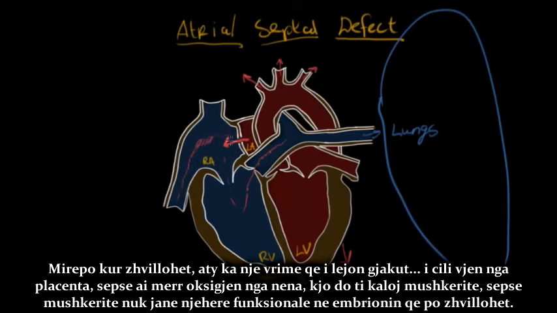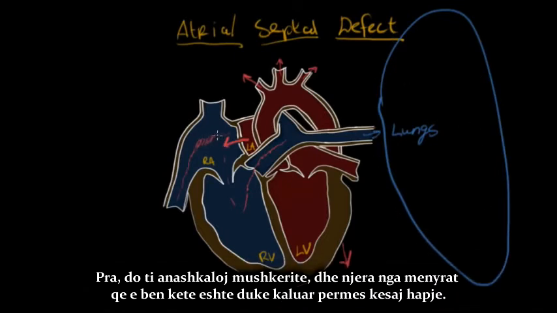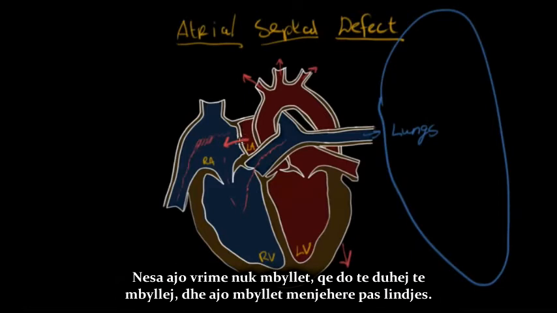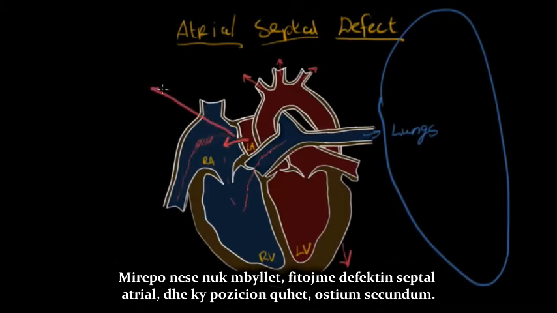That's going to bypass the lungs because the lungs aren't functioning as yet in that developing embryo. So it's going to bypass the lungs, and one of the ways it does that is by going through this opening. So if that opening fails to close, it's supposed to close, we want it to close, and that closes soon after birth. But if it fails to close, we can get an atrial septal defect.